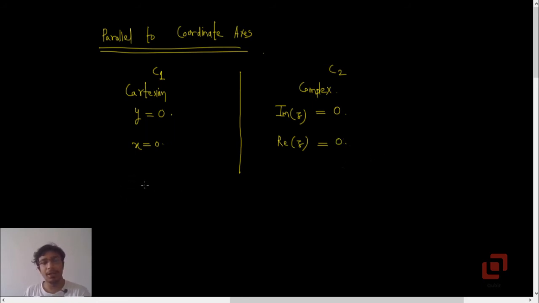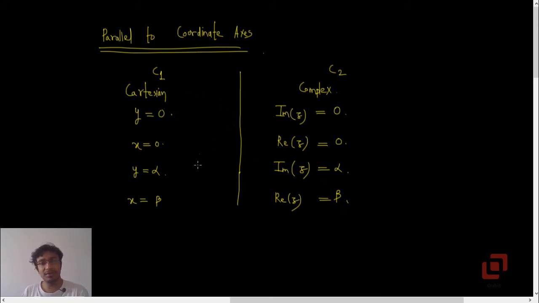Let's now talk about a line parallel to the x-axis. Let's say y equal to alpha. So the imaginary part is a constant now, and the fourth possibility will be x equal to beta. So this is a vertical line now passing through the point beta comma 0. So we will say the real part of z is a constant which is equal to beta.